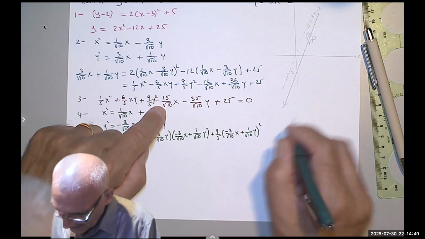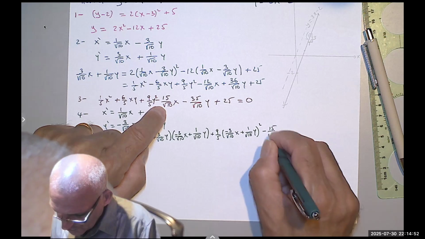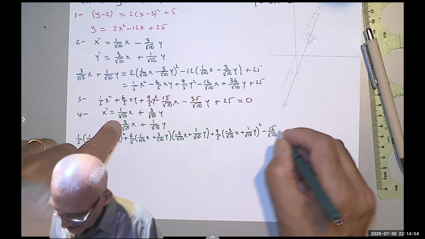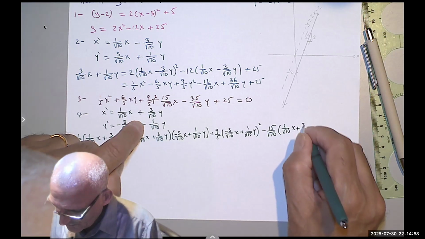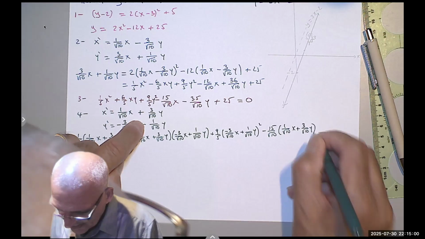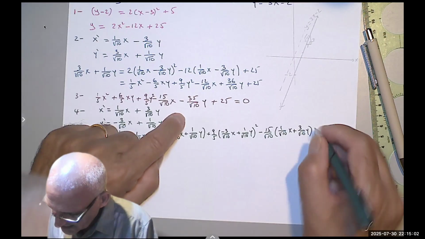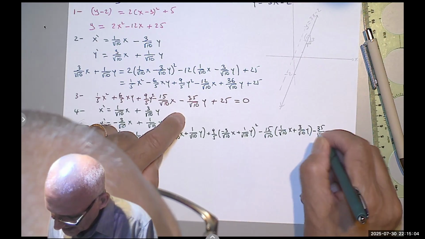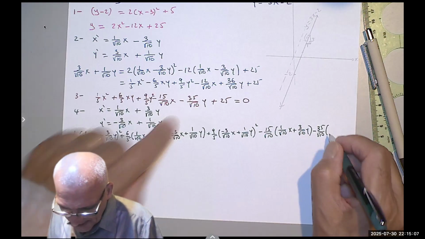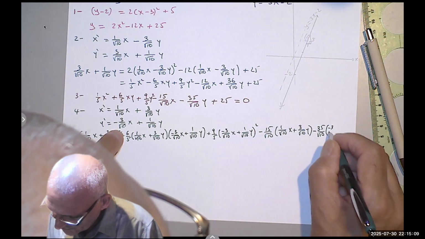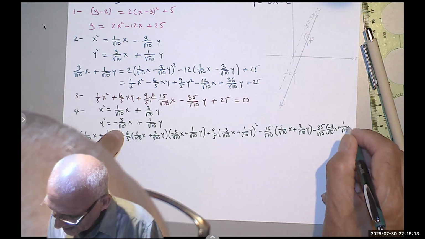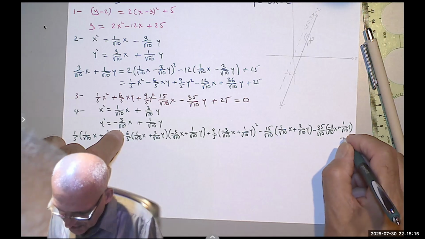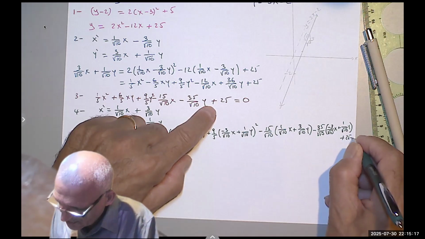And then I have minus 15 over root 10 x, which is 1 over root 10 x plus 3 over root 10 y. You have to be very careful here. Minus 35 over root 10 times y, which is negative 3 over root 10 x plus 1 over root 10 y. And finally, plus 25 equals 0.